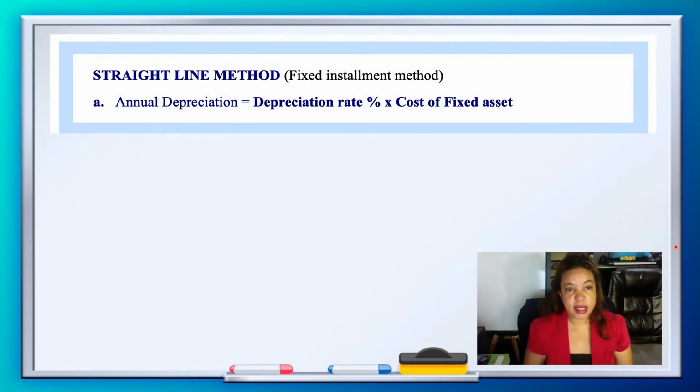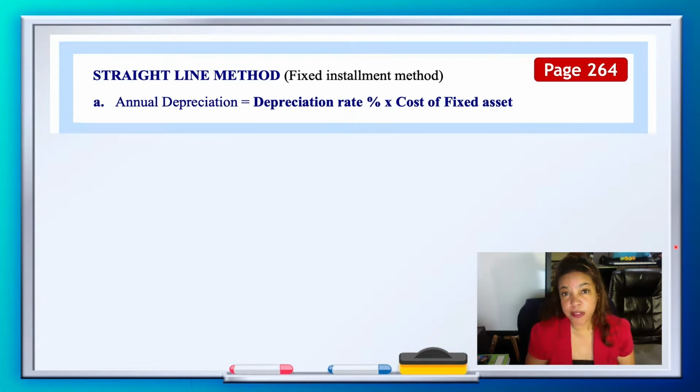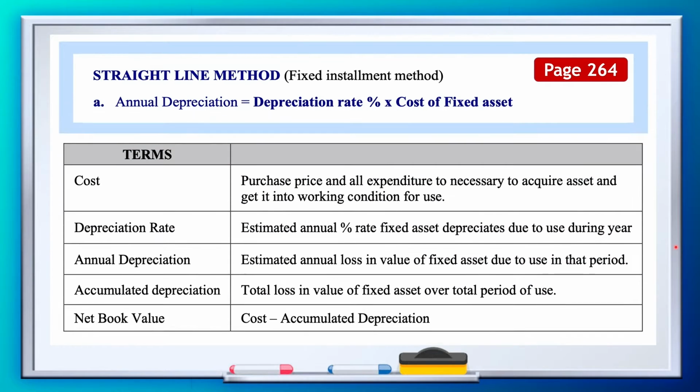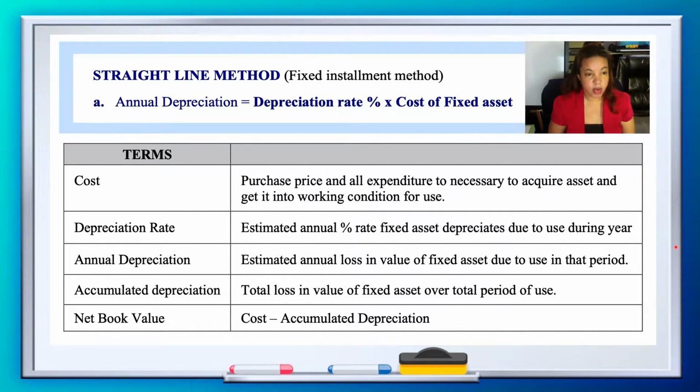So going into detail, we will just look at the first one, still the straight line method, but the first one is when they give you a percentage, so a depreciation rate. So the information that you have to be familiar with would be the cost. And what is the cost?